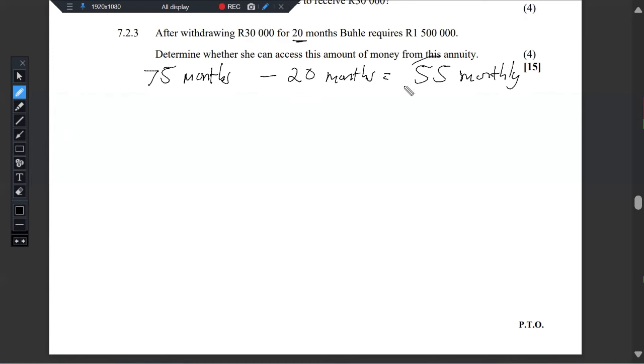Now, from this 55 months that are outstanding, we can try to make this our n and calculate if she still has that money in the pension fund, right? If she still has this amount of money in the pension fund. So again, what are we using? It's still present value, right? Because we are trying to draw from that annuity.